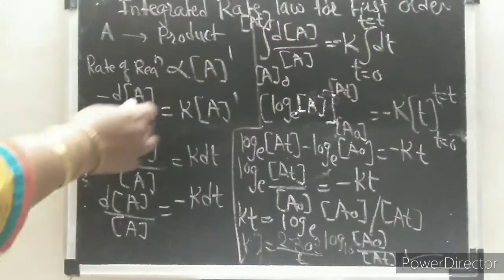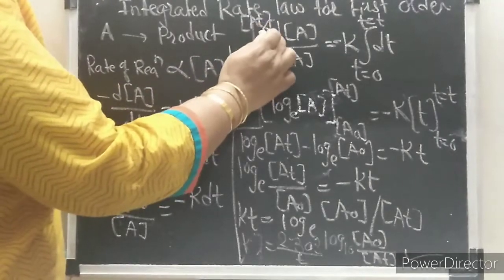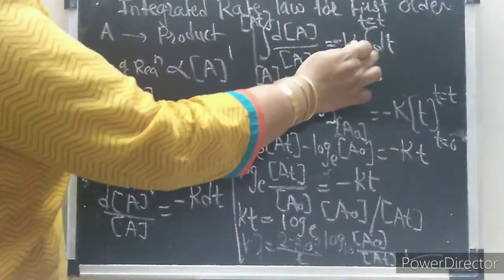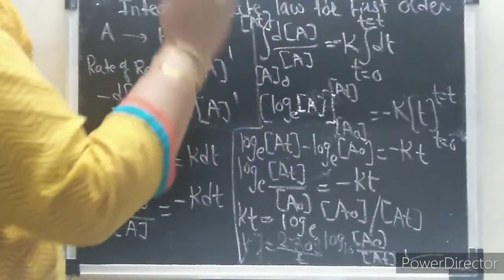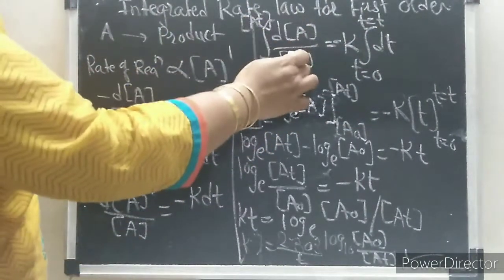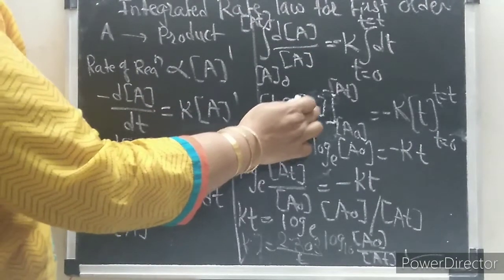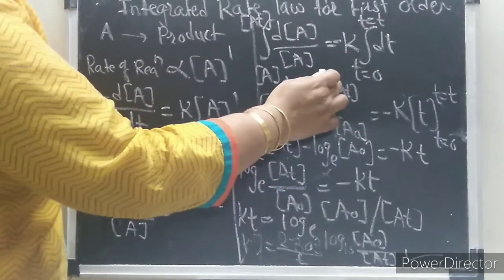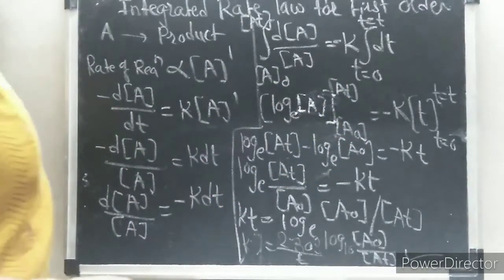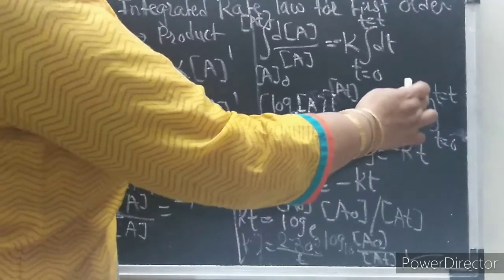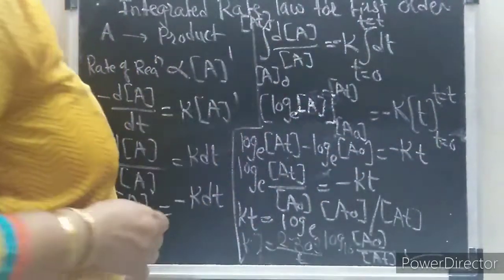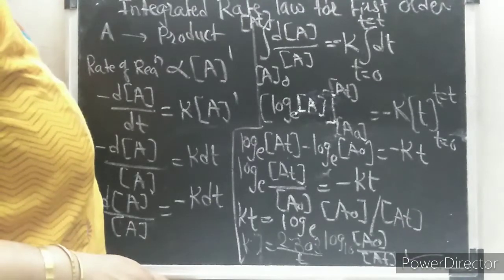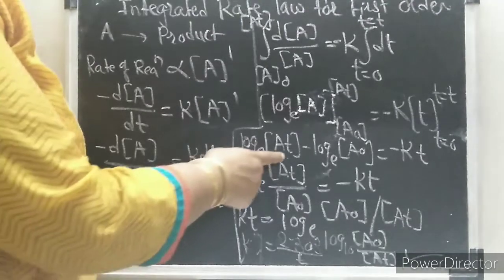Integrate this equation. So integrating dA upon A with limits A0 to At, minus K dt integrating t0 to t limits. Solve integration. dA upon A is log to the base e concentration of A, from initial concentration A0 to concentration at time t, At, is equal to minus K. Integral of dt is t, t is equal to 0 to t is equal to t. Solve the limit. Substitute higher limit At.